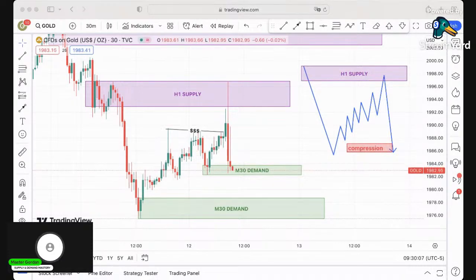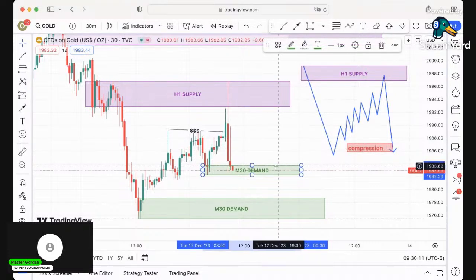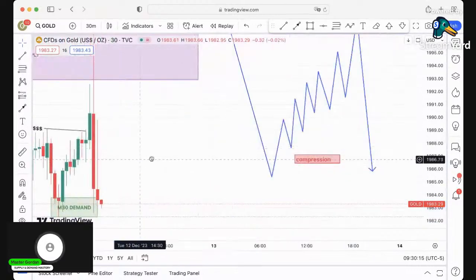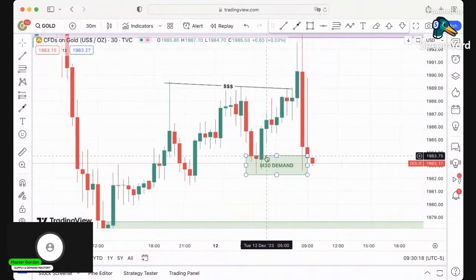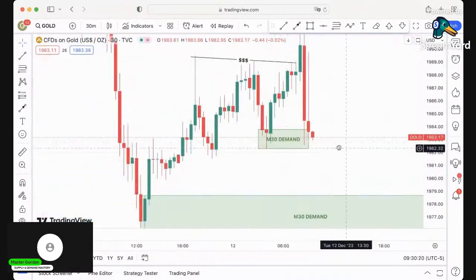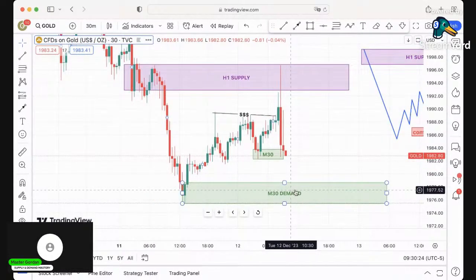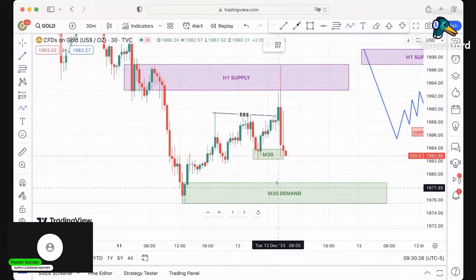Do you think it's going to reverse from this demand point? From this current one? I think no, right? Because this demand zone has already reacted. So when the next demand zone makes some reaction, this is the next demand zone.